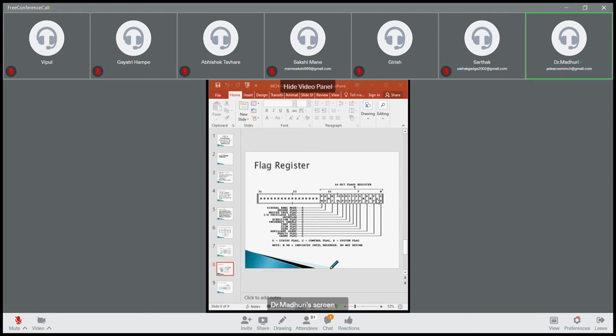So this flag is related to your debug feature. Just remember this. Otherwise, it is simply reset. That is the resume flag. Now next is the virtual mode.